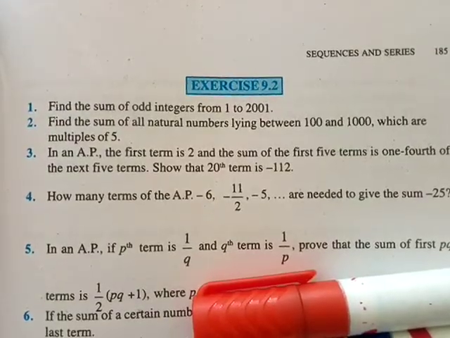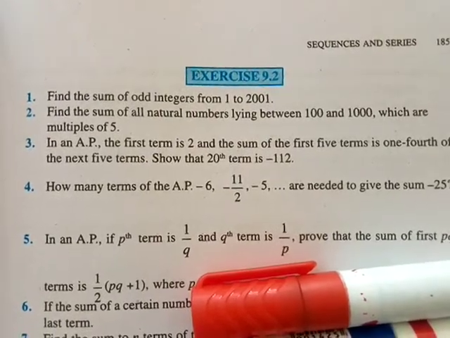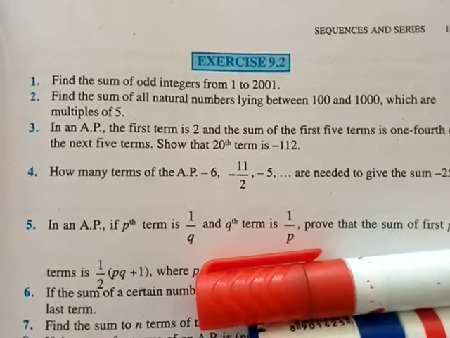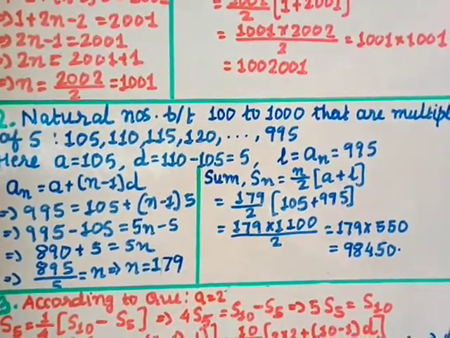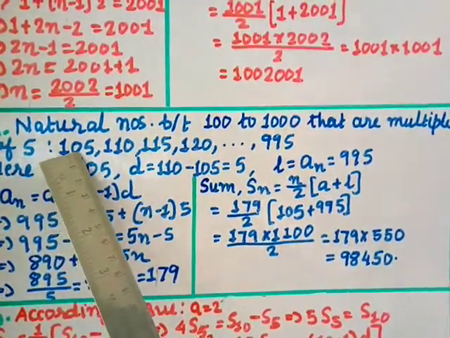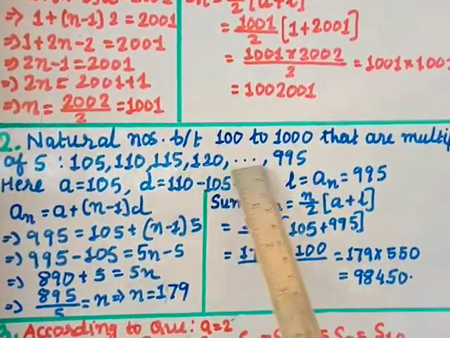Question number 2. Find the sum of all natural numbers lying between 100 and 1000 which are multiples of 5. Natural numbers between 100 to 1000 that are multiples of 5 are 105, 110, 115, 120 up to 995.